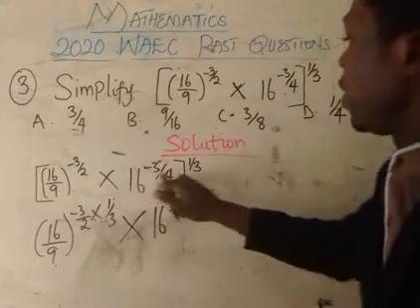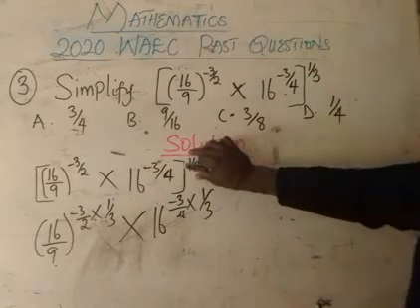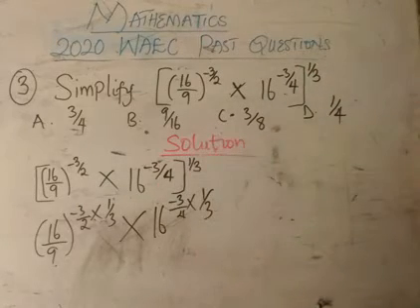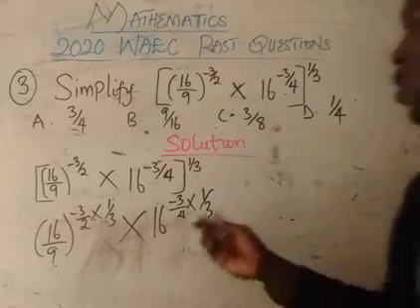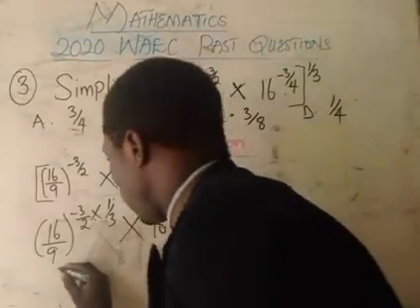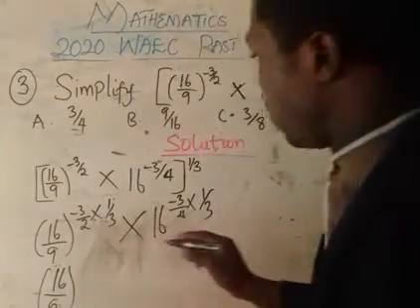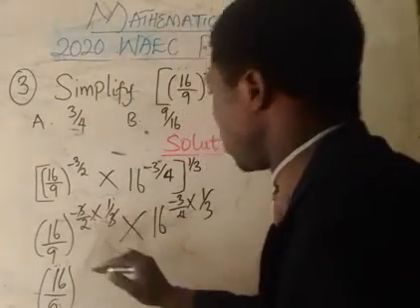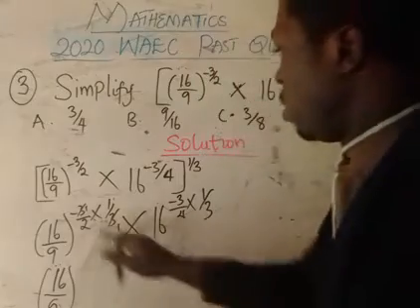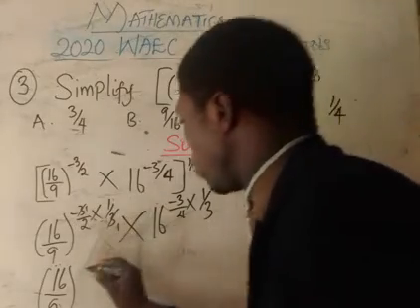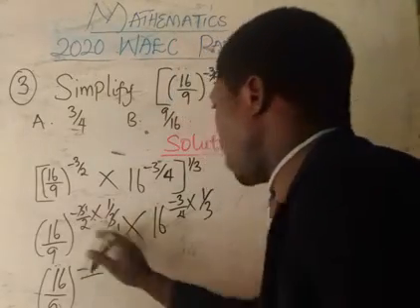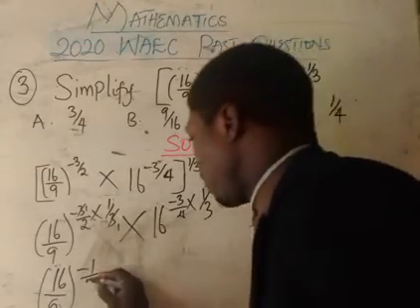Since everything here shares this power, we are going to have 16 over 9 all raised to the power of, we have 3 here, 1 here. Negative 1 times 1 will give us negative 1, over 2 times 1 will give us 2.